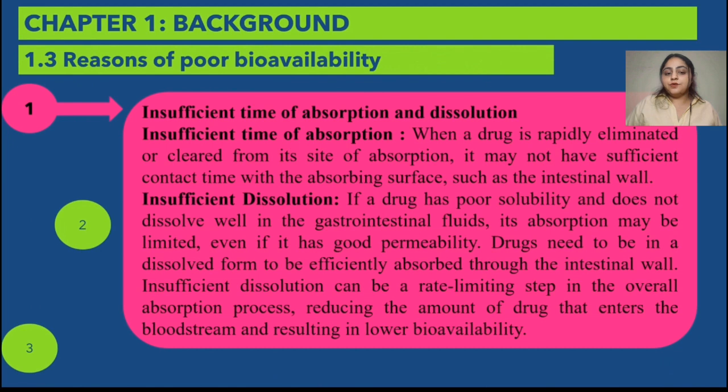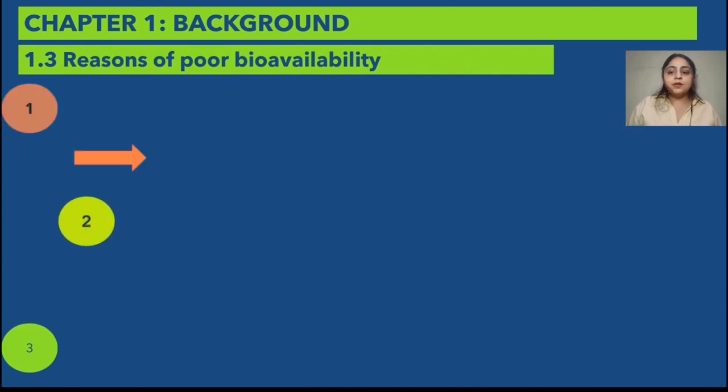Second is insufficient dissolution. As we have talked about in BCS classification, if the drug is poorly soluble, then it would have problems dissolving in the GIT, even if it has good permeability. So good dissolution is needed, and if it is not good, then it is a rate limiting step for many drugs and absorption processes.